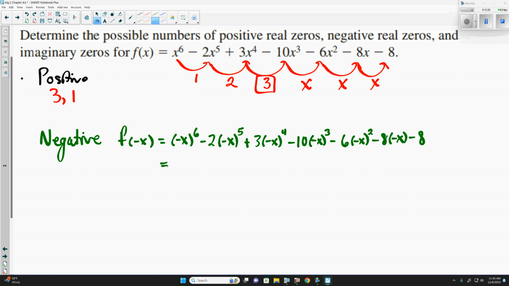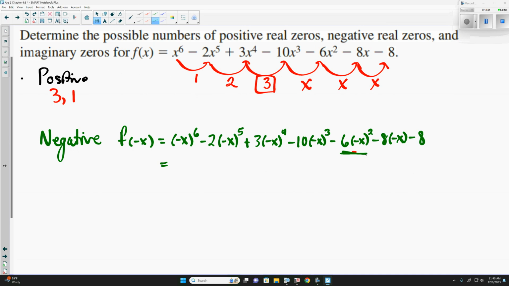I will tell you this now, simplifying these is going to be easier than what you might think. Because if we look at this one all the way over here first, 6 times negative x squared. When we multiply a negative by itself, we get a what? Positive.